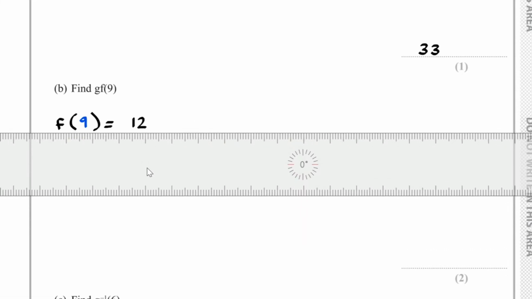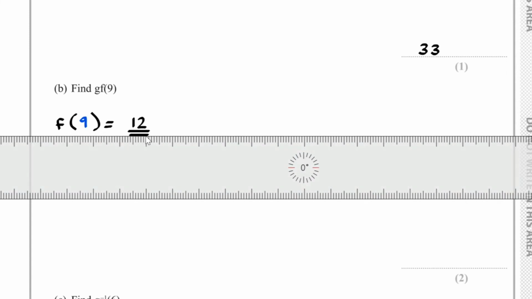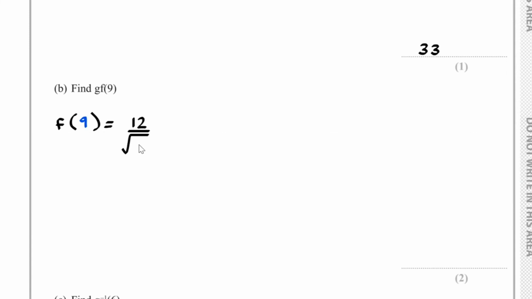Next, for part B, we have to find g of f of 9. Well, first of all, let's find out what f of 9 is. F of 9 is equal to 12 divided by the square root of 9. 12 divided by 3 is 4.